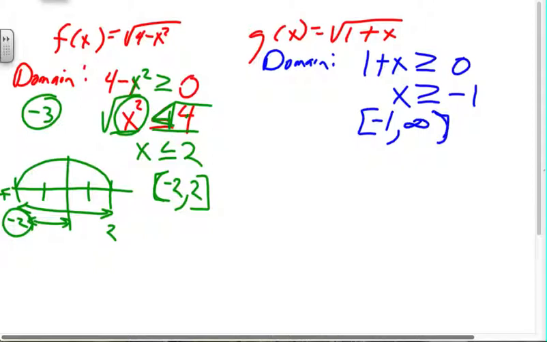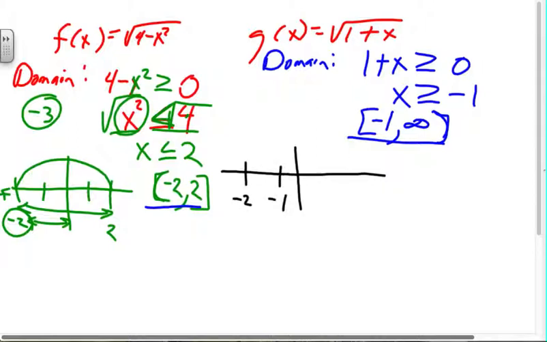Now we want the intersection of these two, and when you look at it at first, it's not all that easy to figure out. What I always do is I will actually draw a number line on these. So there's negative 2, negative 1, 1, 2.